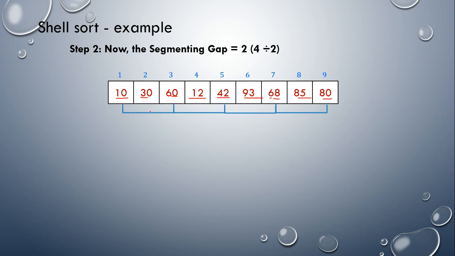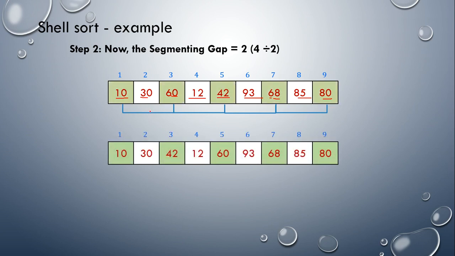Among them 10 is at the right position. Now 60, 42, 68 and 80. Among them 42 is the smallest, so it comes at this position, and then 60 and then 68 and then 80. Now in the next steps, 30 is compared at distance 2, 12 at distance 2, 93 at distance 2, that is 85.